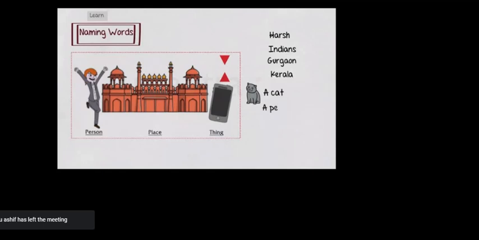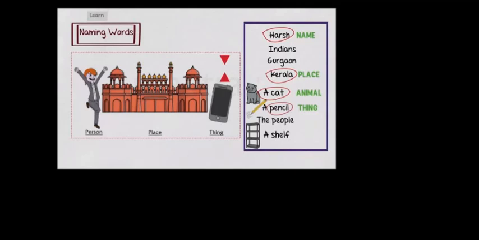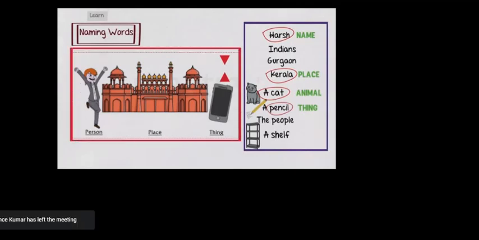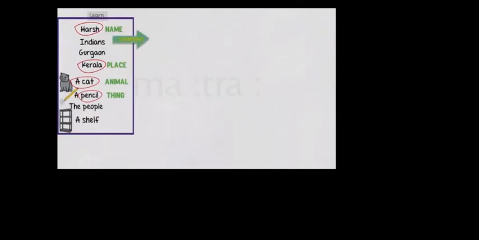Naming words are those which are used for persons, places, things. They can be words like Harsh, Indians, Gurgaon, Kerala, a cat, a pencil, the people, a shelf. As long as any of these words refer to a name, place, animal, or thing, we use them as naming words. So let's look at some more examples.